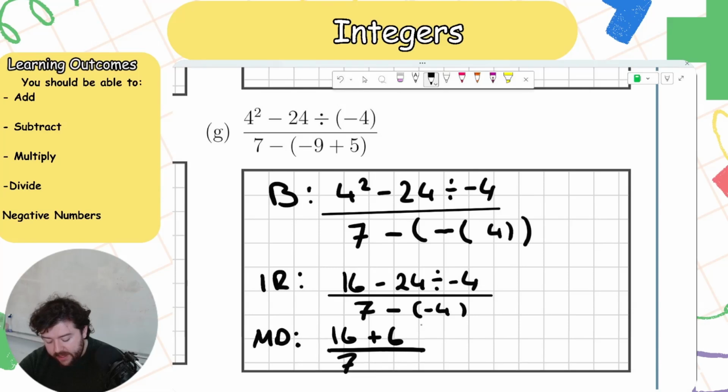Over 7, minus a negative 4, minus by minus is a plus. Finally, addition and subtraction: 16 plus 6 is 22, 7 plus 7, so 22.